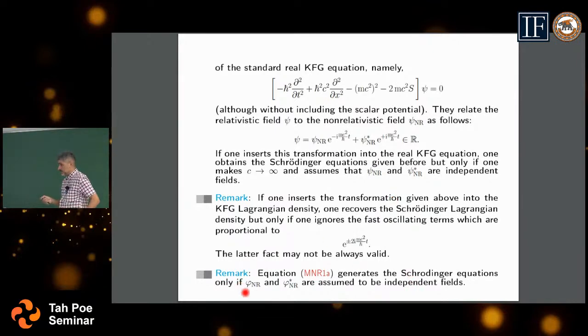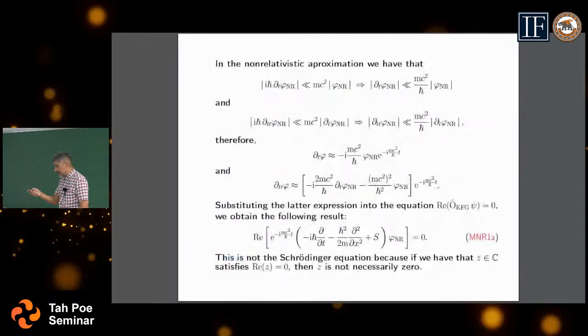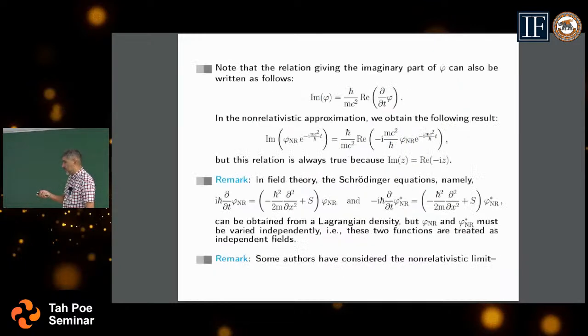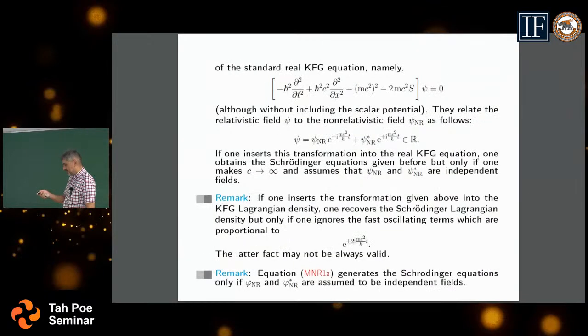So finally, this is my non-relativistic limit. Do you want to get the Schrödinger equations from here? Okay, just suppose phi and phi asterisk are independent. If you do this, you get the same result people normally obtain. This result.